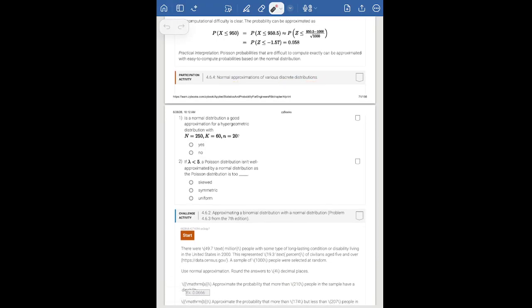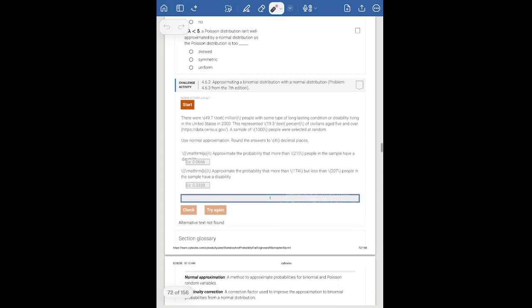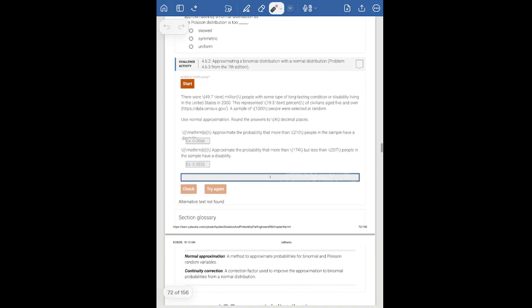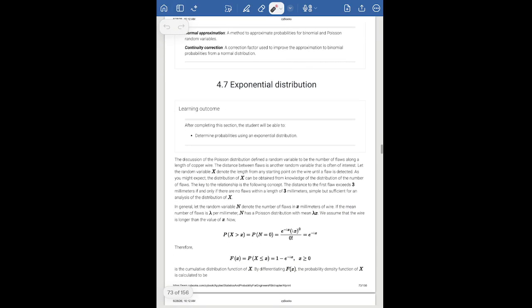So the normal, even though it's a continuous distribution, can be used to represent an approximation for those discrete cases. We have more examples here. I'll leave the reader to explore.